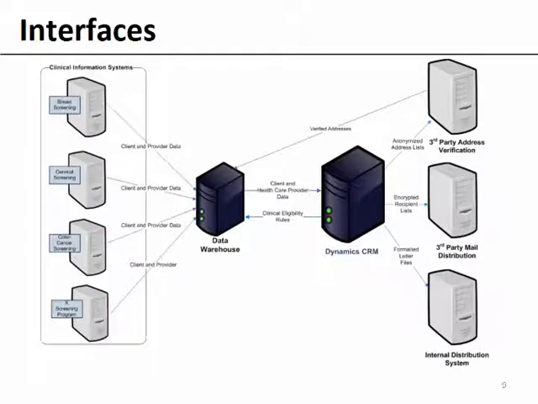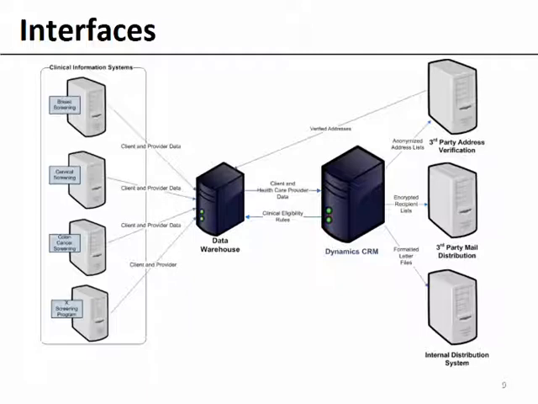And then this is our interfaces or solution diagram. On the left-hand side, we have all the clinical information systems that could feed data about the patient. Right now we show here, because this was built for BC Cancer, breast screening, cervical screening, and colon cancer screening, and then it could be any X screening program after that, or any type of clinical information system.